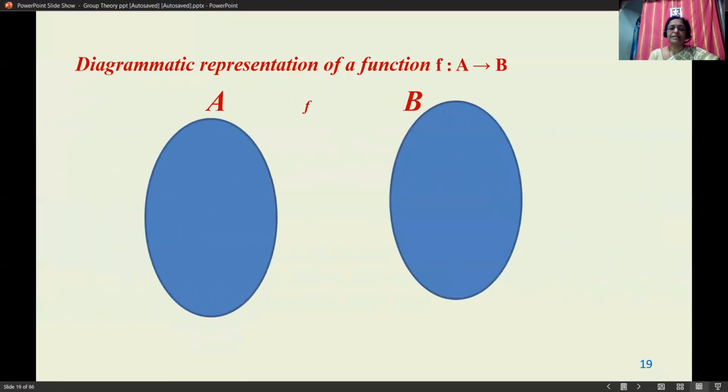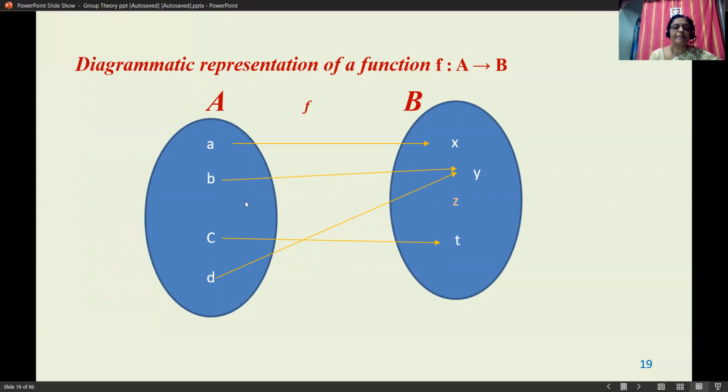So consider A and B. A consists of 4 elements, A, B, C, D, and A is associated to X, B is associated to Y, C is associated to T, D is associated to Y, and Z is not associated.